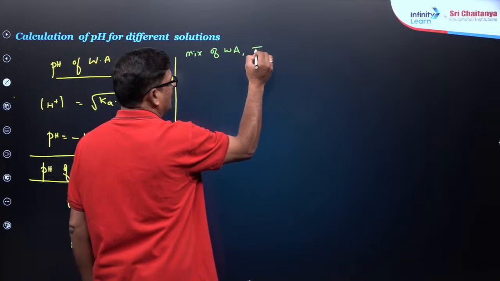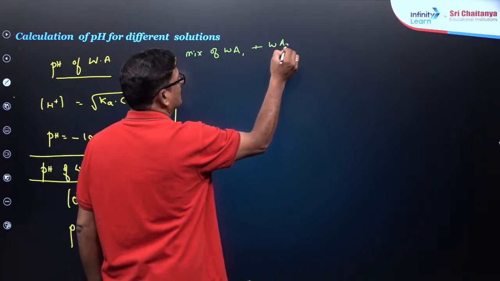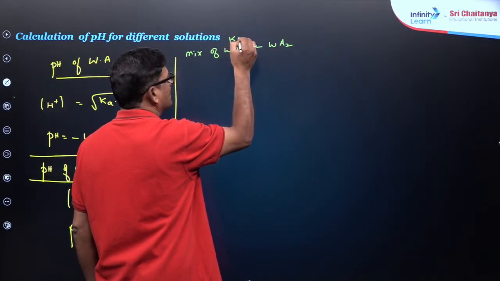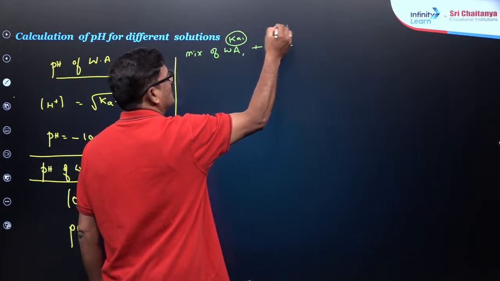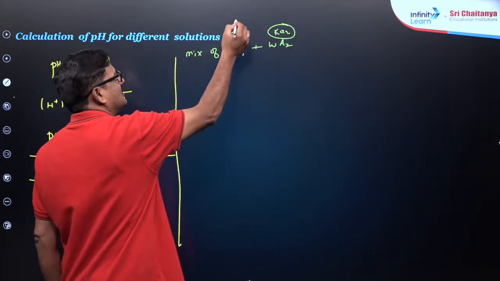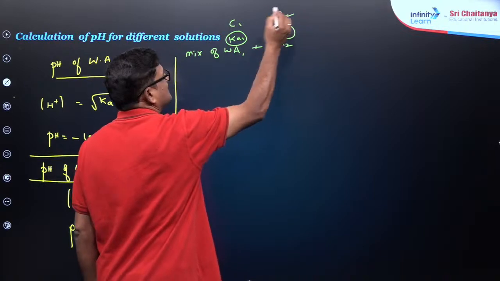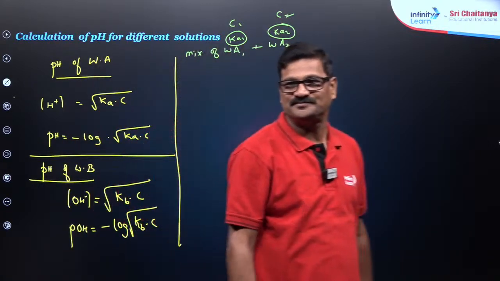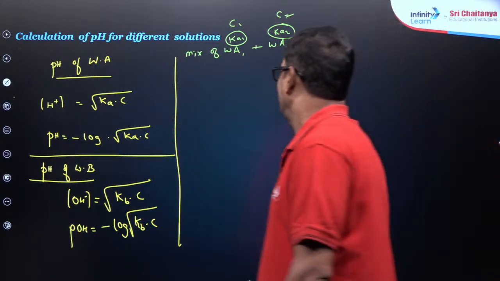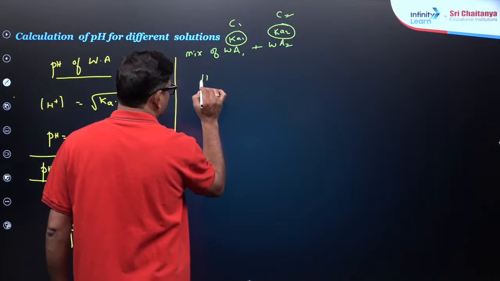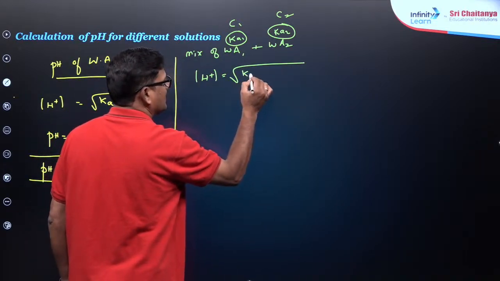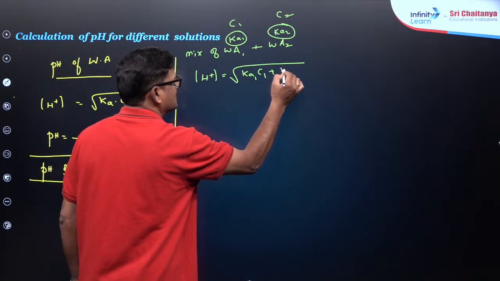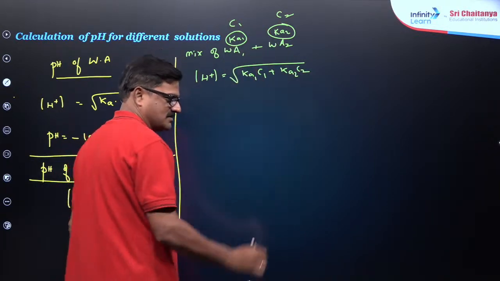Weak acid 1 and weak acid 2. इसका मान के चलो Ka1 होगा, इसका Ka2 होगा, इसका C1 होगा, C2 होगा, है ना? Then H plus concentration is equal to, बच्चों it's very important, root over Ka1 C1 plus Ka2 C2, बस that's it.